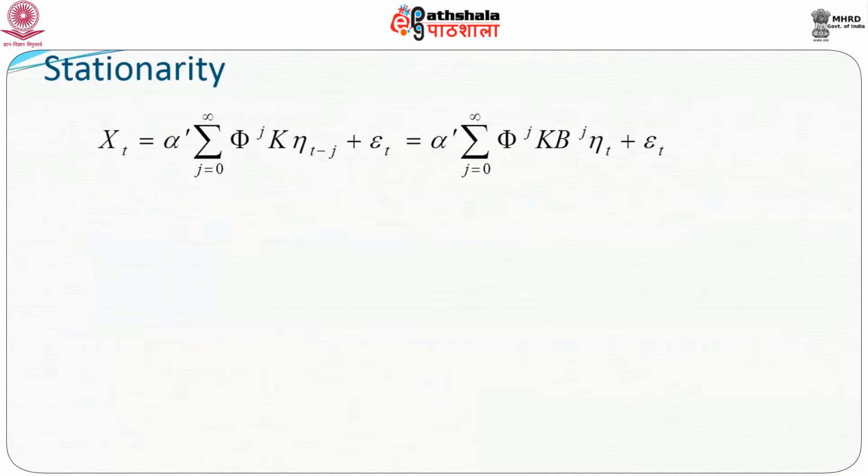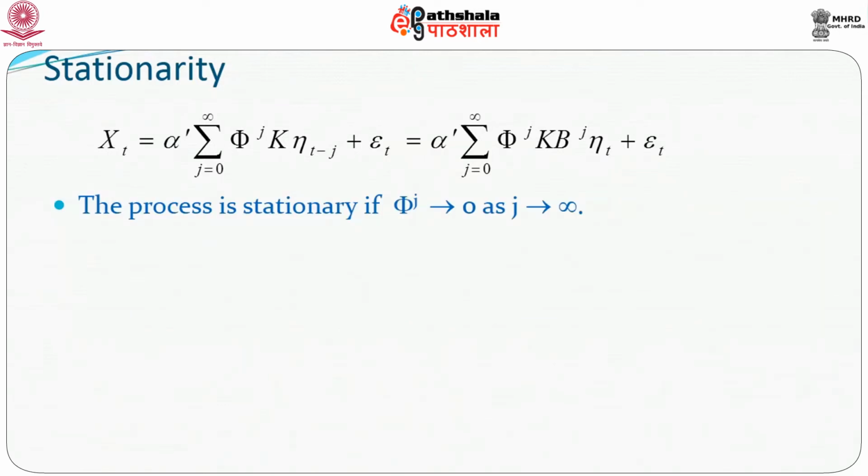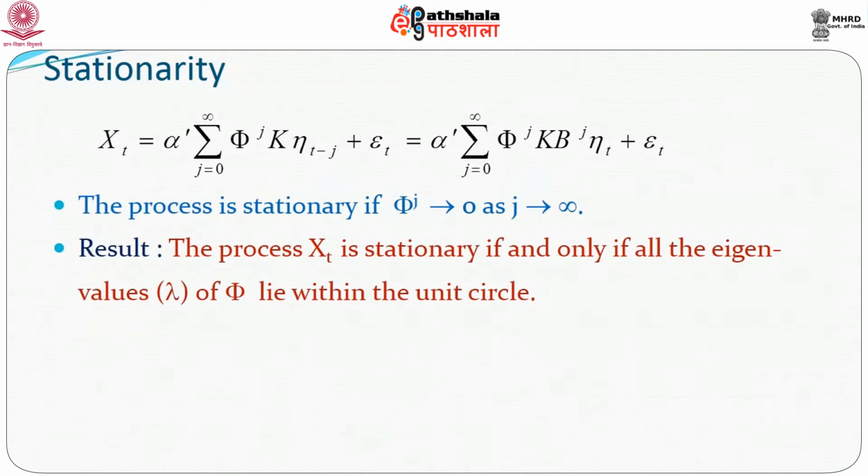The process is stationary if phi^j tends to 0 as j tends to infinity. This is similar to what we have seen in the case of the autoregressive or the ARMA processes. So, the result is the process x_t can be said to be stationary if and only if all the eigenvalues of phi lie within the unit circle.